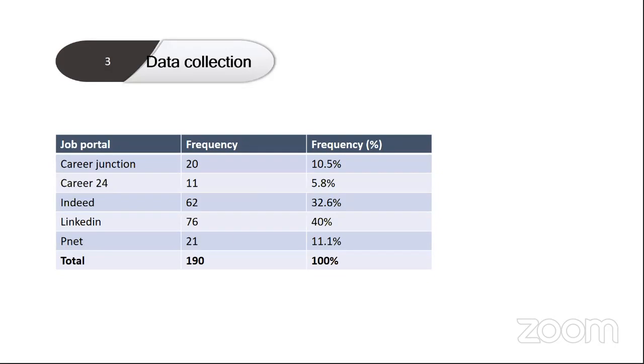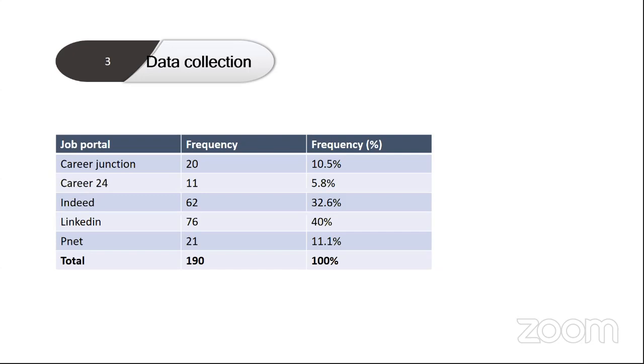Data was collected using online job advertisements. Specifically, 5 job portals were focused on based on their popularity. The 5 online job portals used to collect data are shown in this table, which are Career Junction, Career 24, Indeed, LinkedIn, and PNet. And 40% of the adverts were found from LinkedIn, followed by Indeed, which had 32.6%.